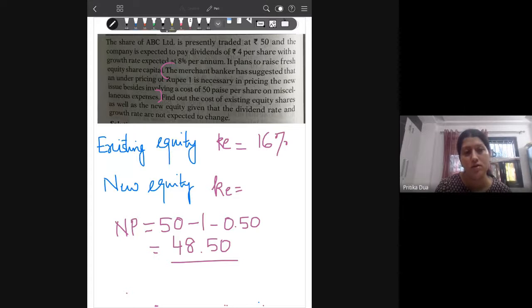Your growth rate is the same and expected dividend is again the same. You get the cost of equity as 4 upon 48.5 plus 0.08, which gives you the cost of new equity as 16.24%.